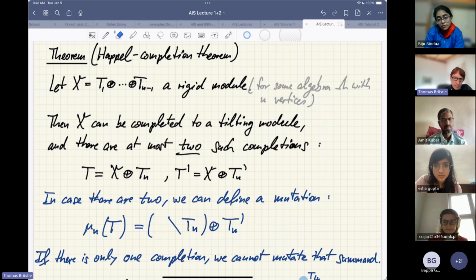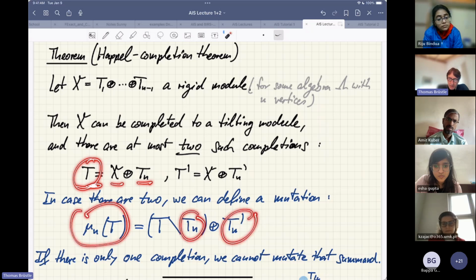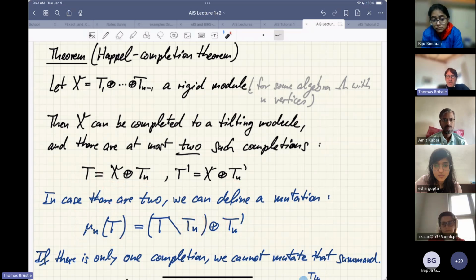Say this T is my tilting module given by X plus one summand T_n. So the mutation would be the following: I remove that summand and I replace it by this other possible completion. So whenever I have n minus one summands and there are two ways to complete them, this gives rise to a mutation. I can mutate T_n by T_n prime. That's good.